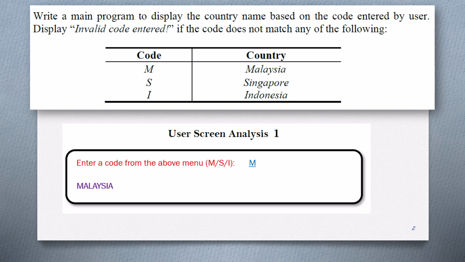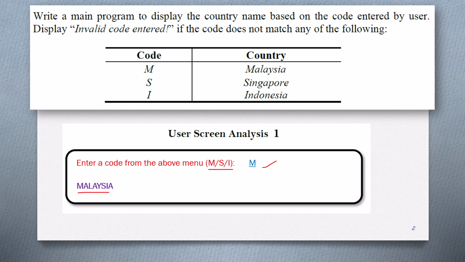Assuming you have the menu displayed, you are expecting the user to enter either M, S, or I. So say that the user entered M. M is for Malaysia. Then the programmer, through the program, will display Malaysia, since M is for Malaysia.